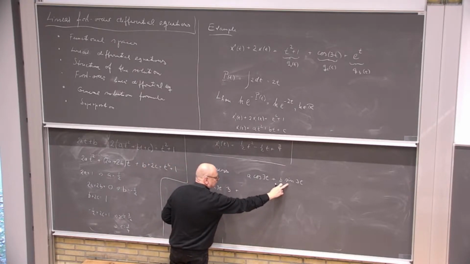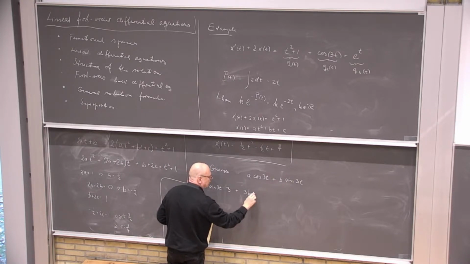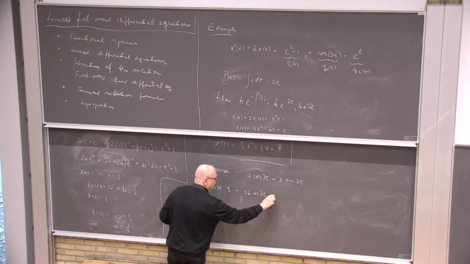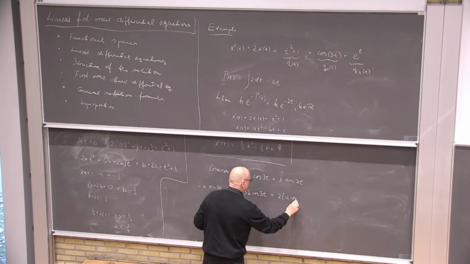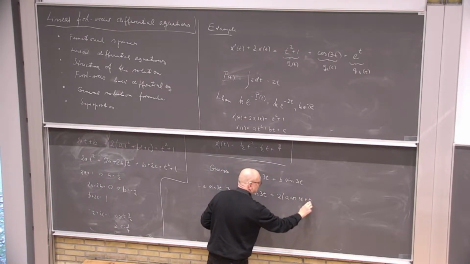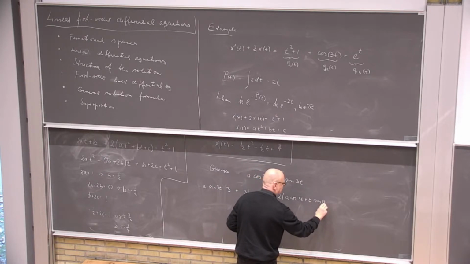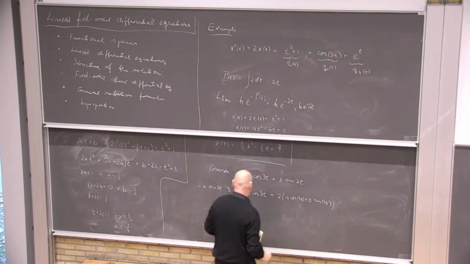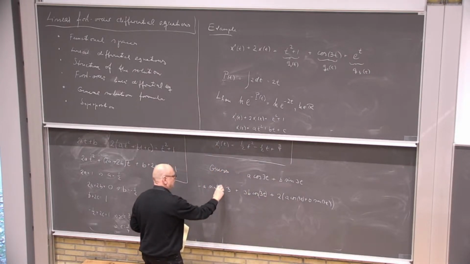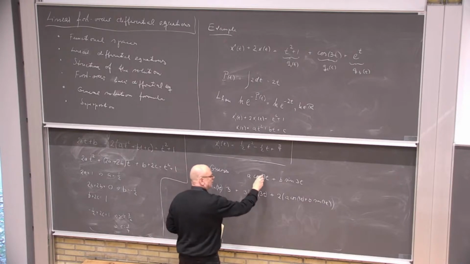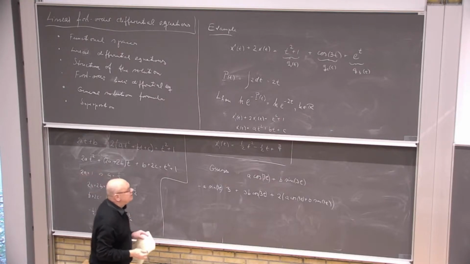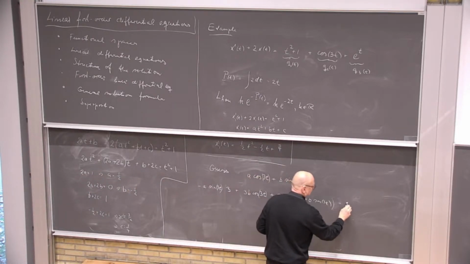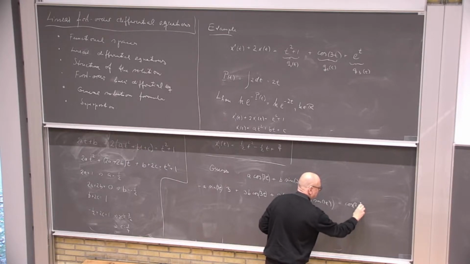And then the derivative of this one will be cosine, so that will be 3b cosine 3t, and then 2 times the function itself, which is a cosine 3t plus b sine of 3t. And this should be equal to the right-hand side, which is cosine 3t.